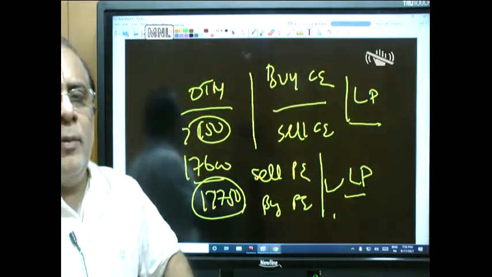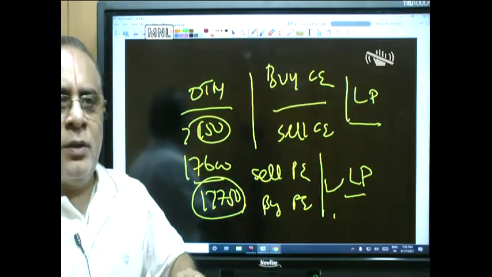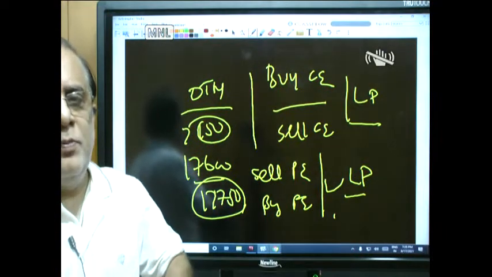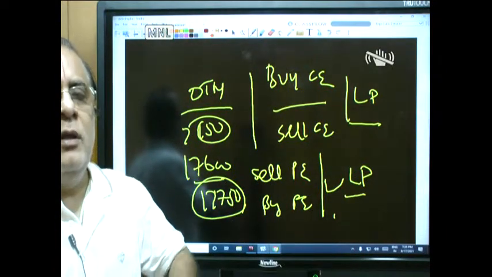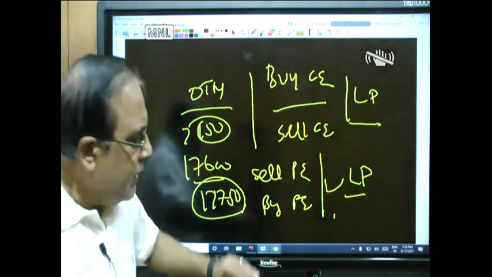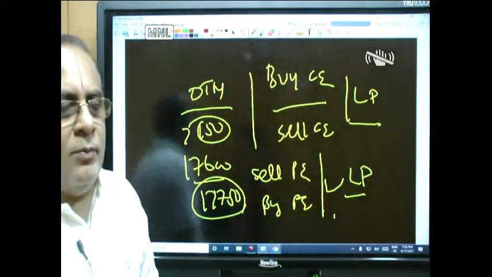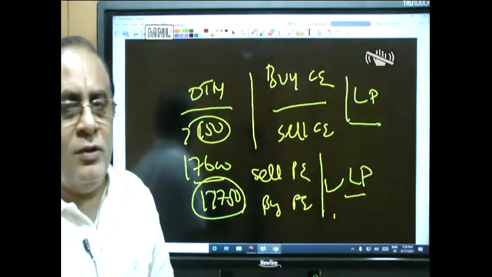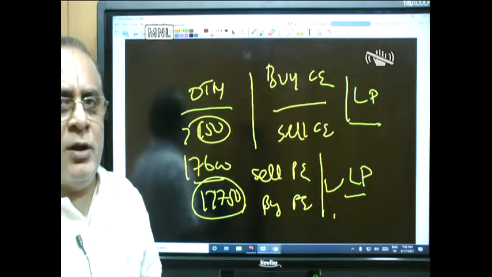So selling a put spread consistently over a period of time will make money. Like selling a put spread, or buying a call of this particular strike and selling a call of this one, if you do it consistently over a period of time, you will make money.